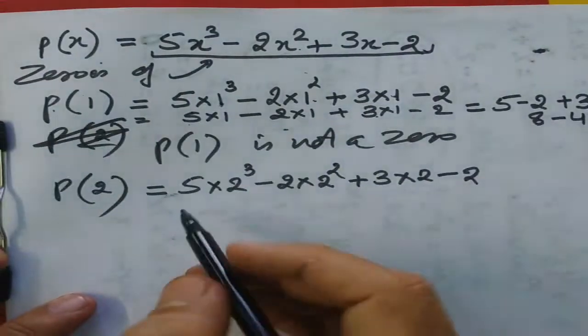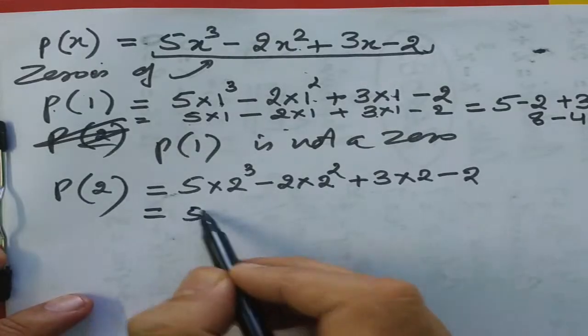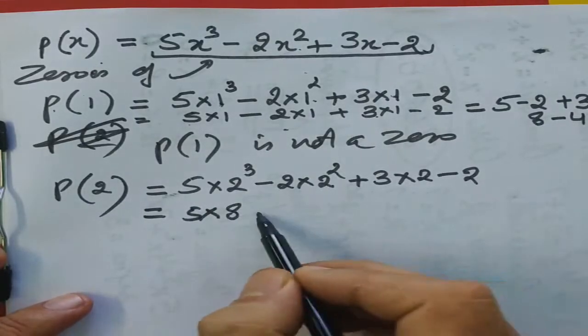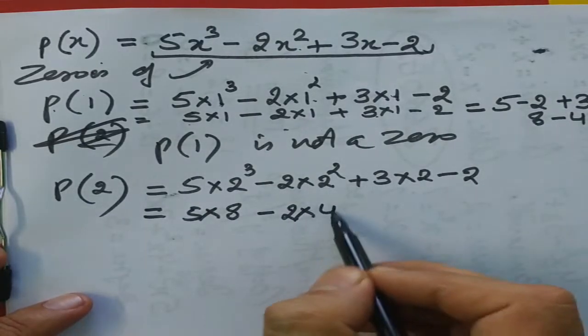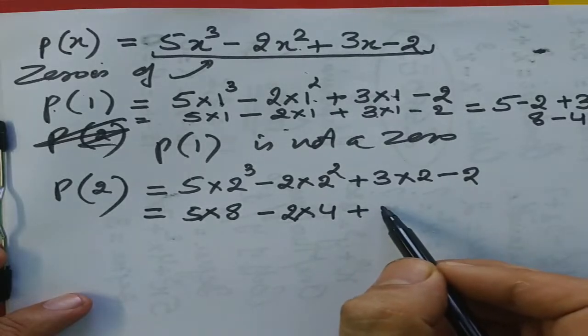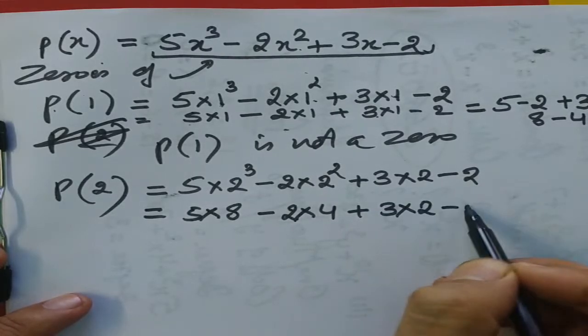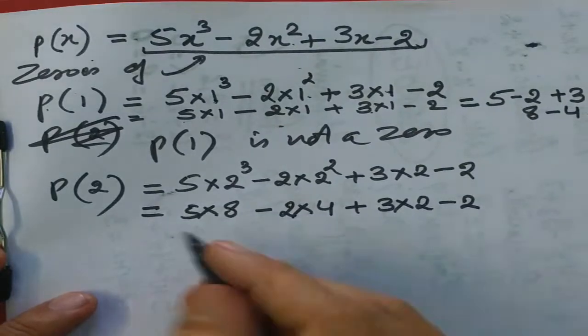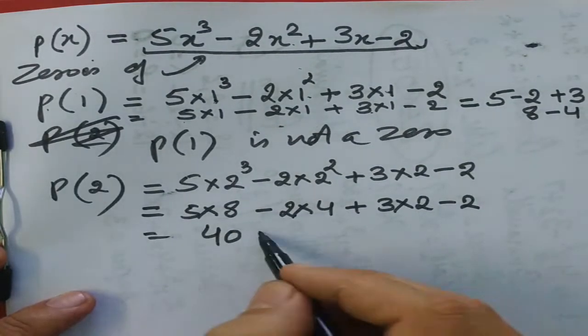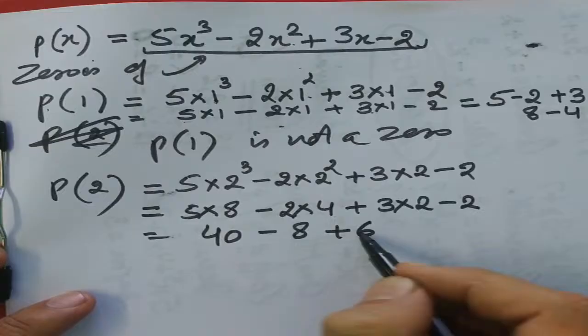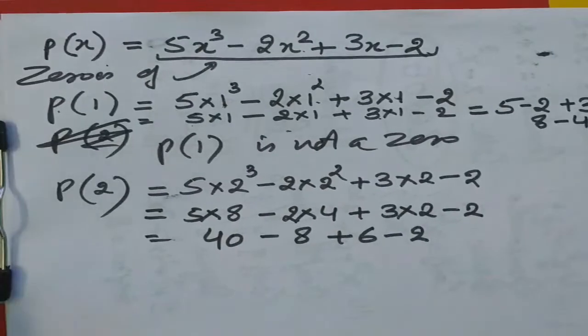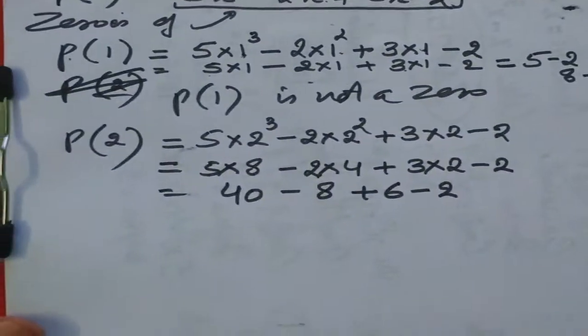So now it will become 5 into 2 cube, which is 8, minus 2 into 4 plus 3 into 2 minus 2. So it will become 40 minus 8 plus 6 minus 2. This also will not give the answer 0.